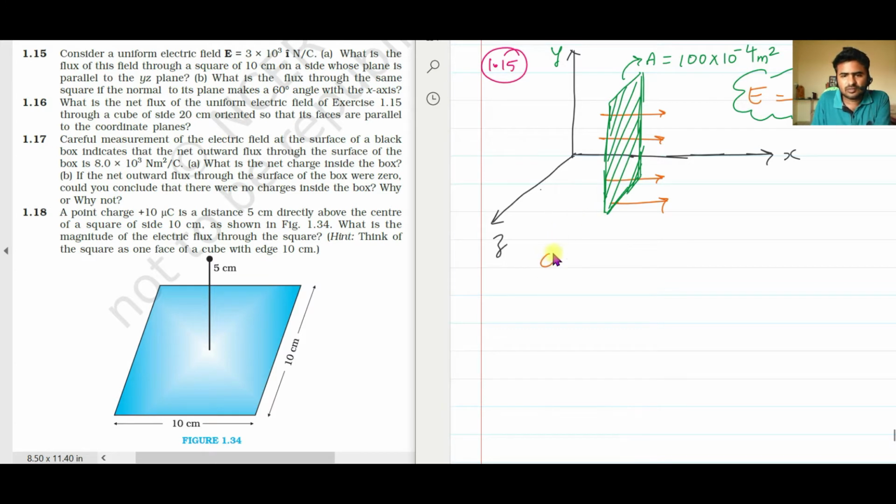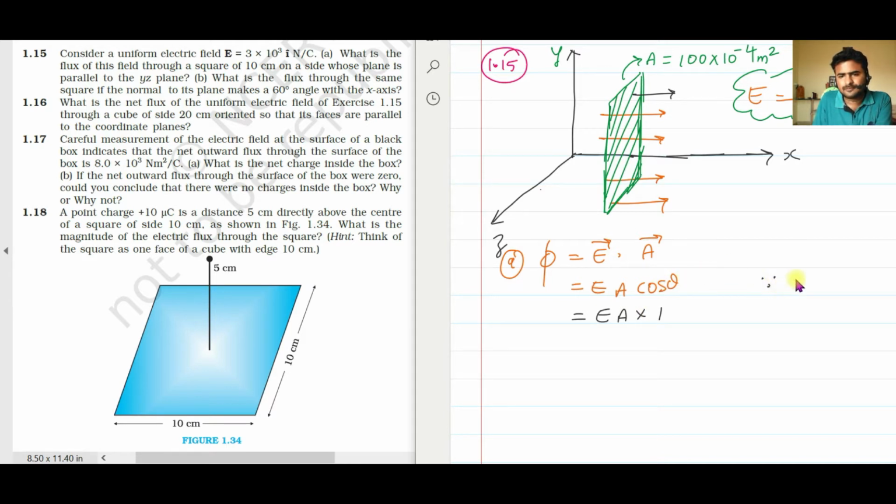Now what is the flux formula? Electric flux is E vector dot A vector, which is EA cos theta. What will be theta in this case? Theta is the angle between the area vector and the electric field. The area vector is perpendicular to the plane, so it is to the right and the electric field is also to the right. So the angle is 0, and cos 0 is 1.